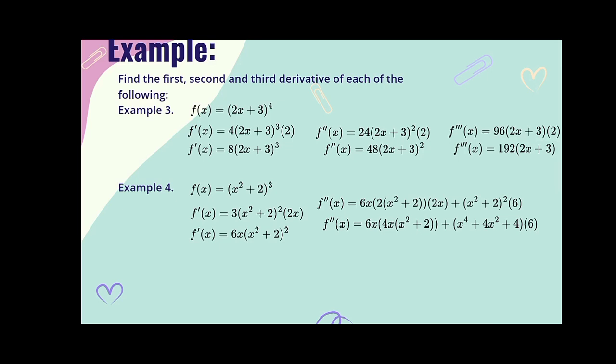Copy the quantity of x squared plus 2. Then we add the x squared plus 2 raised to 2 by expanding it because it is a special product.